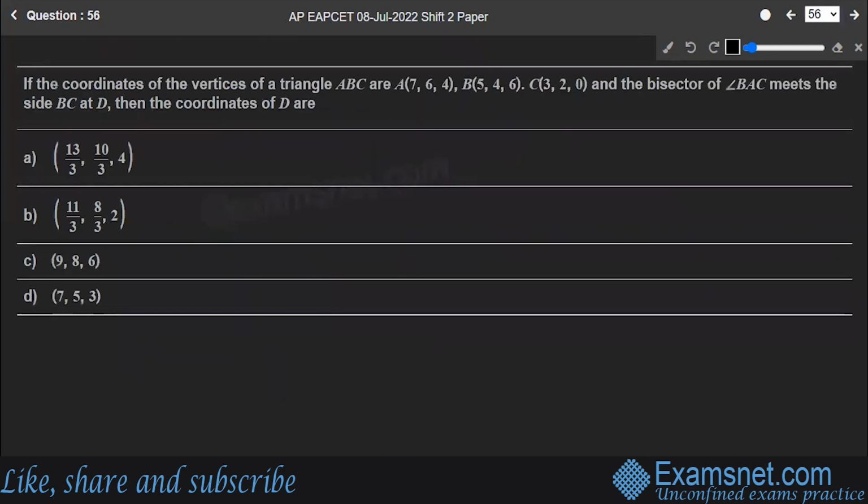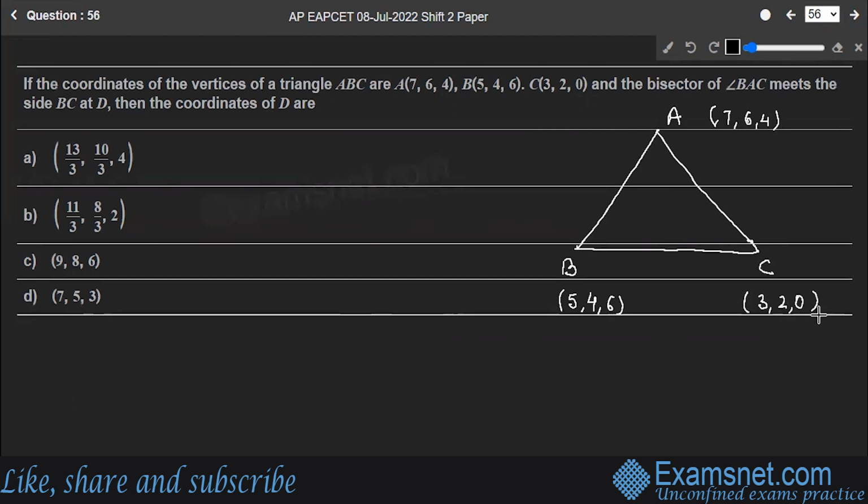Next is question number 56. The coordinates of the vertices of the triangle are given by these three. Okay, let's draw the triangle first. So here we have the triangle. This is A (7, 6, 4), B (5, 4, 6), and C (3, 2, 0).